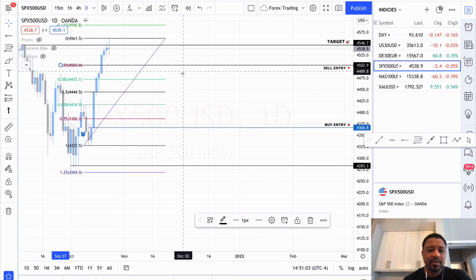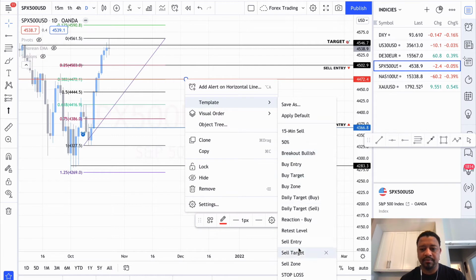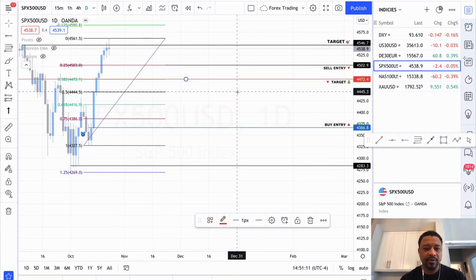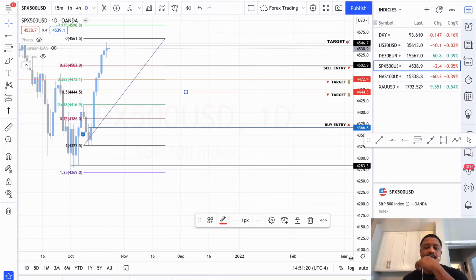This should be my sell entry. This should be the first target. Notice I use fibs. My fibs line up with my zones.